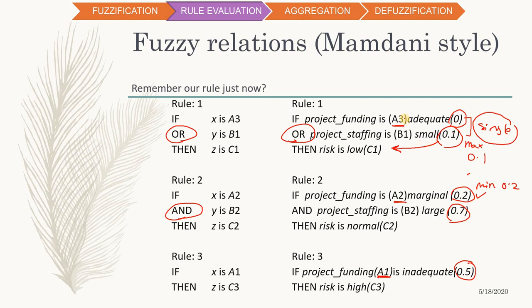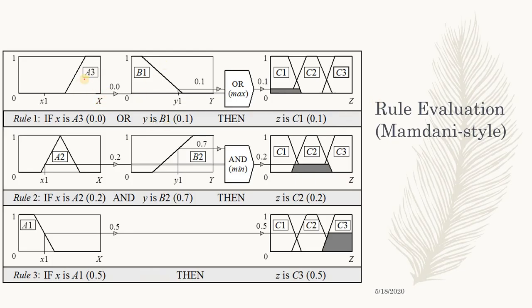For the first rule, it will intersect with A3, that is adequate, and for y, project staffing, it will intersect with B1, and then it will get Z, that is C1. So we need to sketch our graph back here. Let us take a look. I will draw this one by one for you.